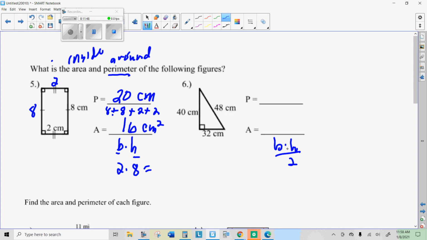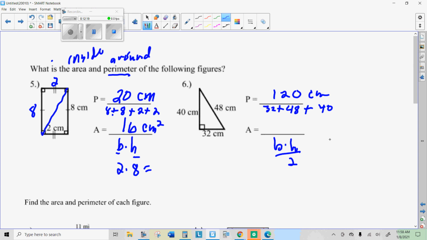Okay. Now a triangle is kind of like the area formula for the rectangle, only you divide it by 2, and that kind of makes sense because check this out. If you split a rectangle in half, you get a triangle, right? So for perimeter, I'm just going to add the 3 sides, 32 plus 48, which is 80, plus 40 equals 120, and I just label that centimeters.